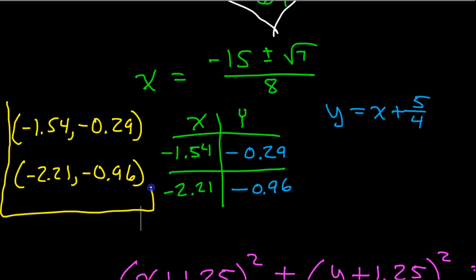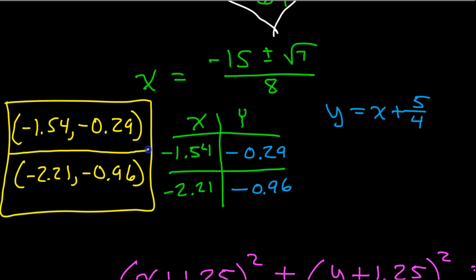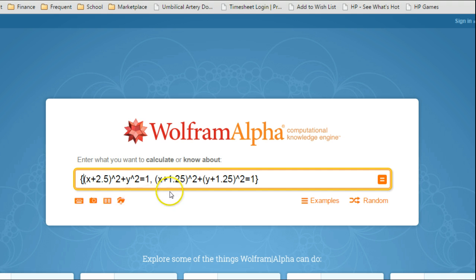Now, that was so many steps, I'm worried I made a mistake somewhere along the way. So the moment of truth is we're going to go to Wolfram Alpha and check and see how I did. Okay, so here I am at wolframalpha.com, and here's how I would type in the system. Now let's see what it says.